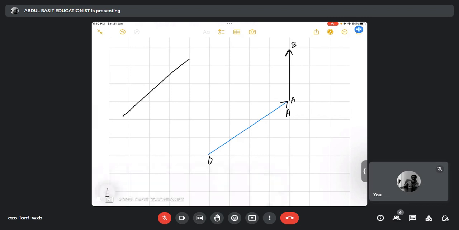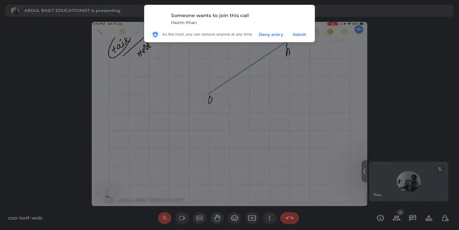Let me draw a vector here. This position is the head of the vector and this position is the tail of the vector. So that is what the head to tail rule is. Is this clear, everybody? Please focus.